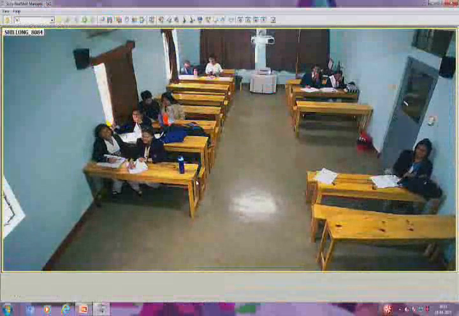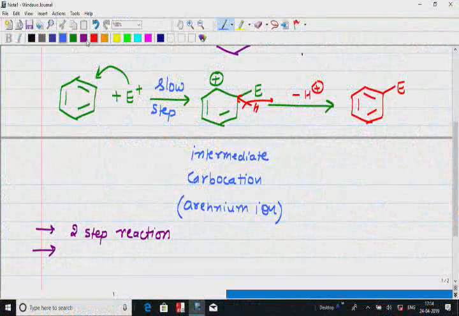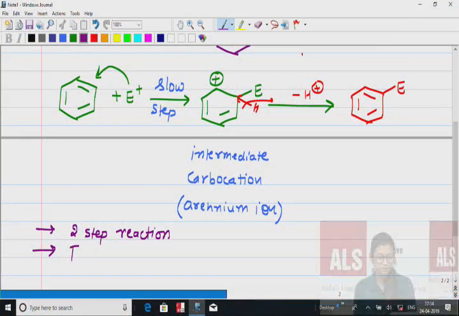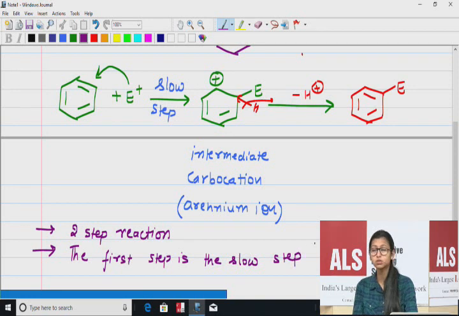Okay, now the first step, I am writing it here, is the slow step. The slow step is always the rate determining step, because the other one is already fast.